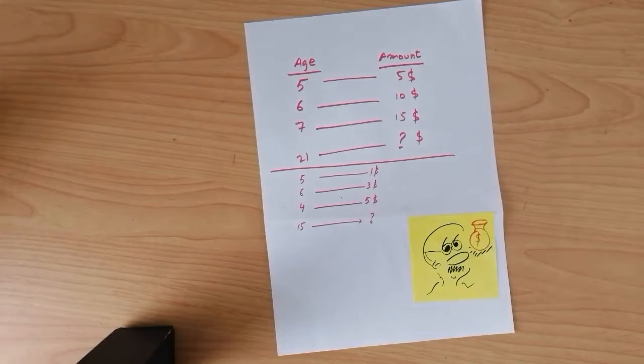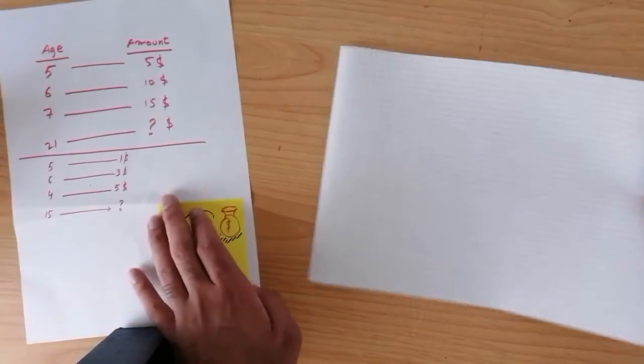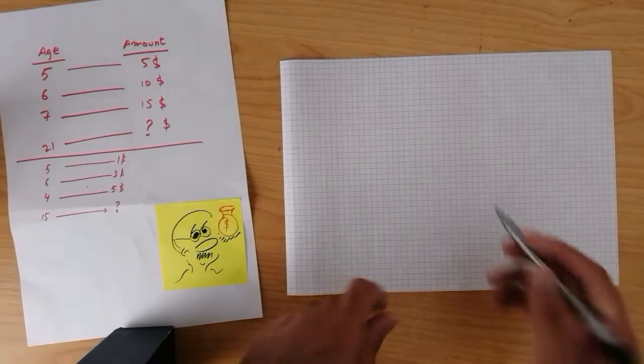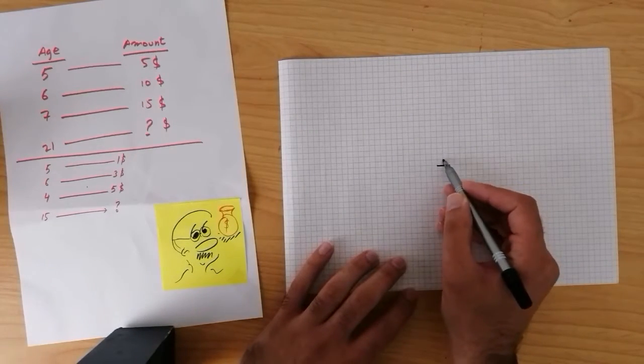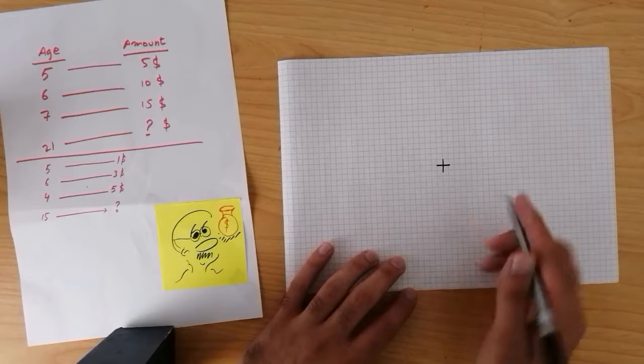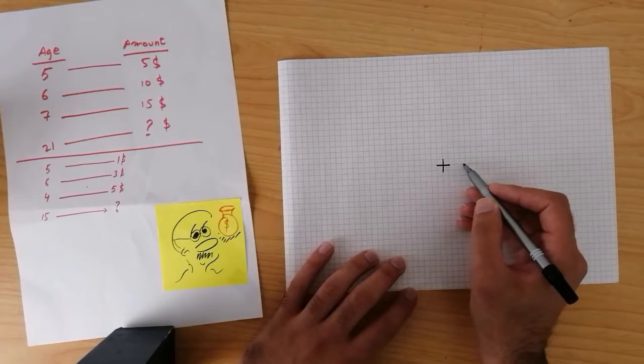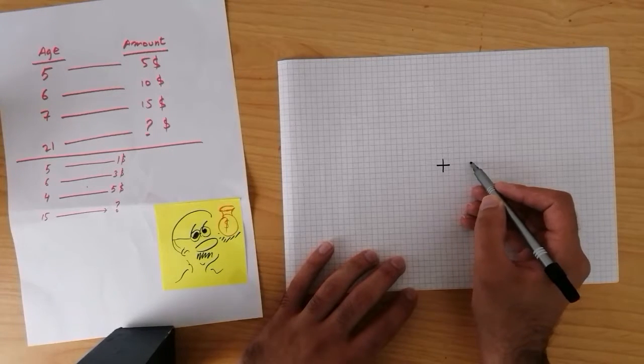Now these two problems can both be solved approximately with stochastic gradient descent, but before doing that, I will plot them so you can see how they look visually on a graph. So let me first plot the first problem and then I will do the second one. So let's say this is our origin, and when John is 5 years old, he gets $5.